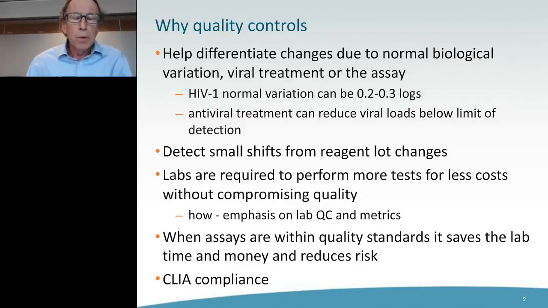Another reason for quality controls is you're required to perform them in a way that helps you reduce your costs without compromising quality. How you do that is by emphasizing well thought out lab QC and lab QC metrics. When assays are within quality standards, it saves time and money and reduces risk, and of course complies with any clear regulations that we have to follow.